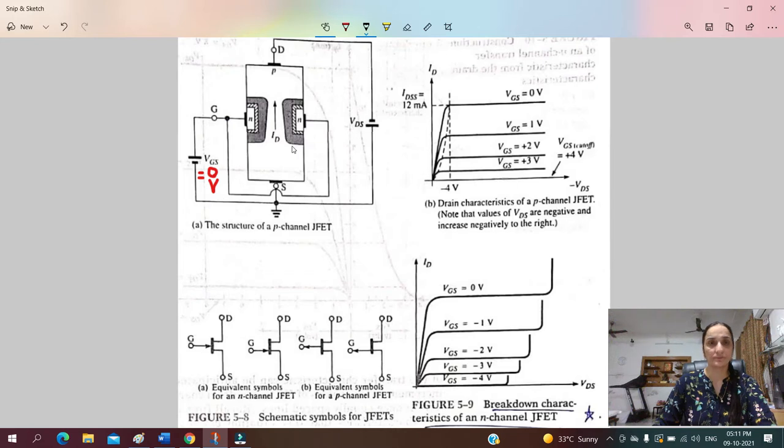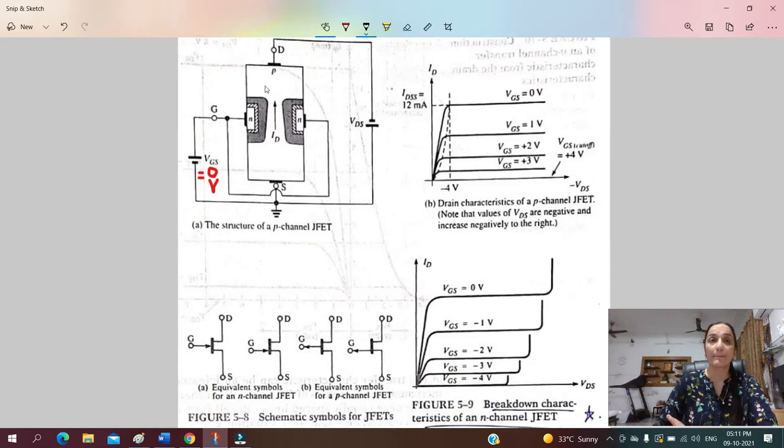Now, when the current flows, a potential drop exists along the length of the bar. This potential drop is not constant along the entire length of the bar.